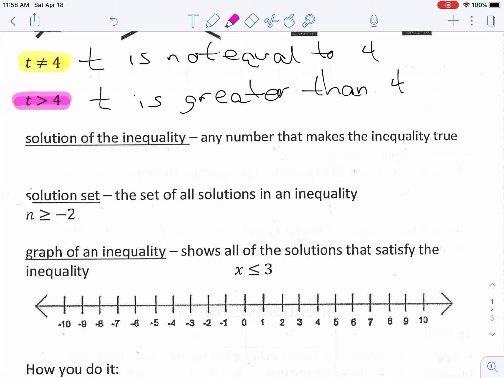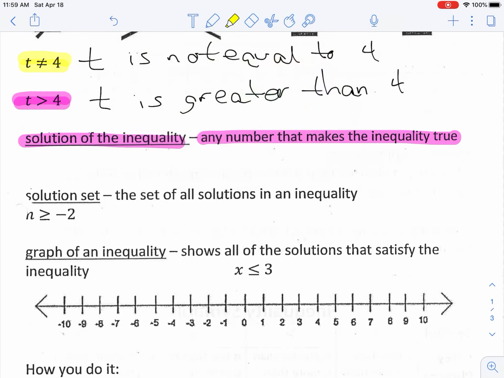Solution of the inequality. You know from studying equations, the solution to an equation is what you determine your variable to be equal to. So the solution to an inequality is any number that makes the inequality true. Very similarly, the solution to the inequality is any number that makes the inequality true.